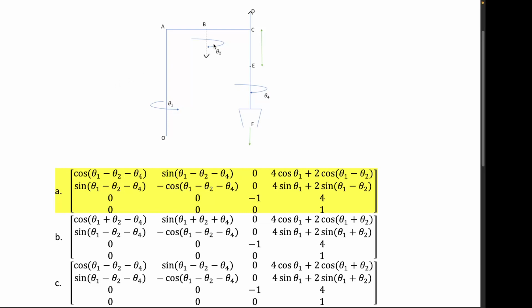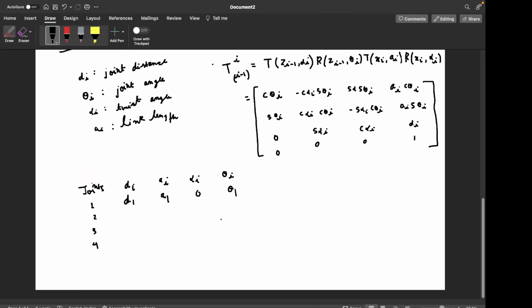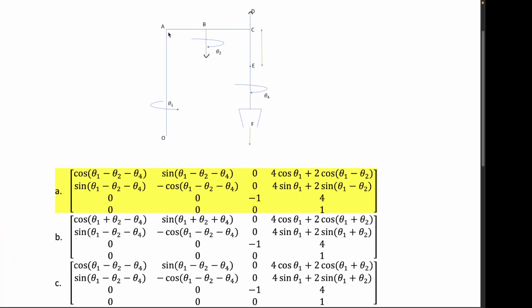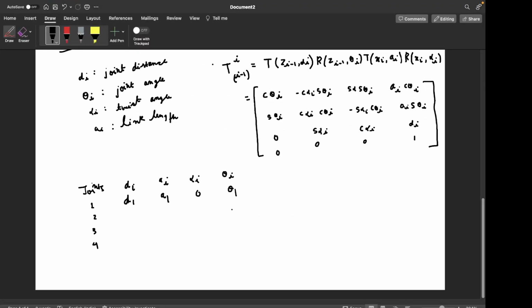Now theta 2 rotation is in the negative direction, since we measure theta about the zi minus 1, right? So zi minus 1 is from O to A, upward you can say, and theta 2 is rotating in the negative direction of that. So it will be minus theta 2, right? Alpha I is again 0.